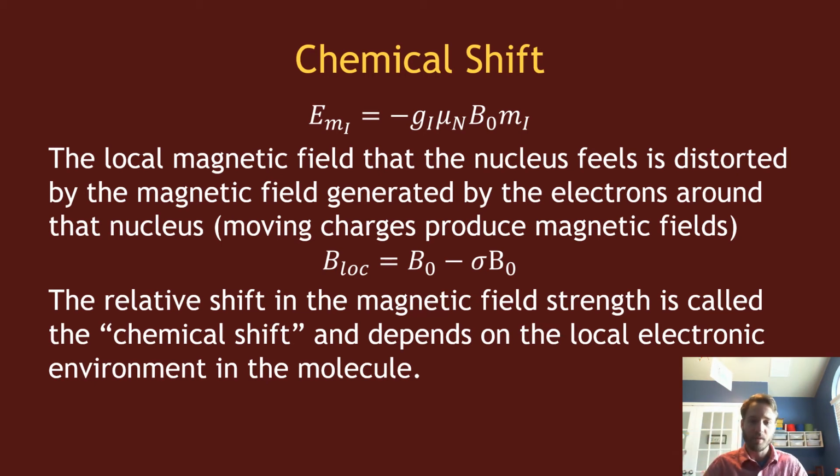Often what we're probing in NMR spectroscopy is something called a chemical shift. What this is referring to is that the energy equation I gave before depends on the external magnetic field, B naught.